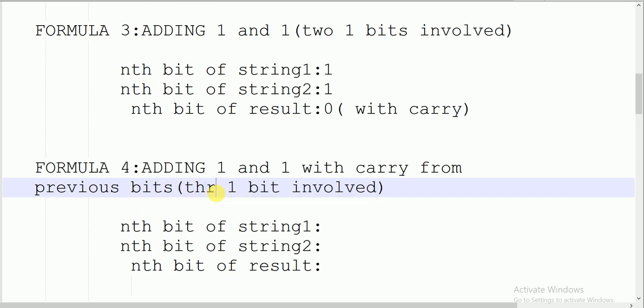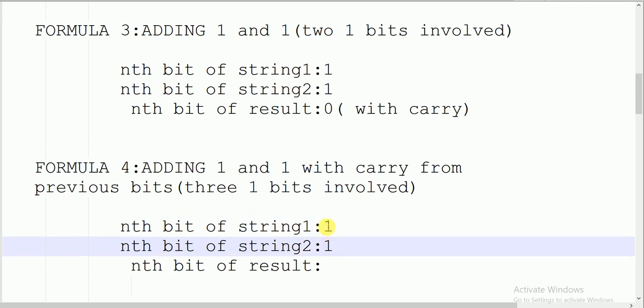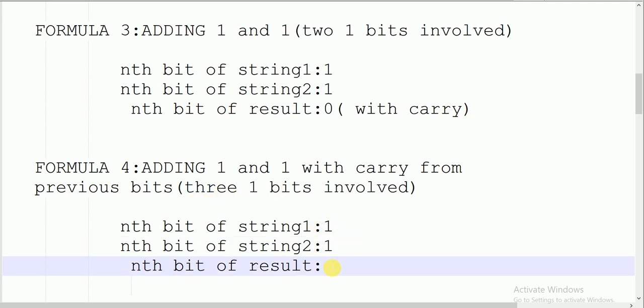Carry from the previous bit and the 2 1 bits in the string. So 3 1 bits are involved. So here nth bit of string 1 is 1, nth bit of string 2 is 1, so 2 1s are corresponding bits. And of course the carry from the previous bits makes 3 1s, and the result here would be 1, and of course there would be a carry.